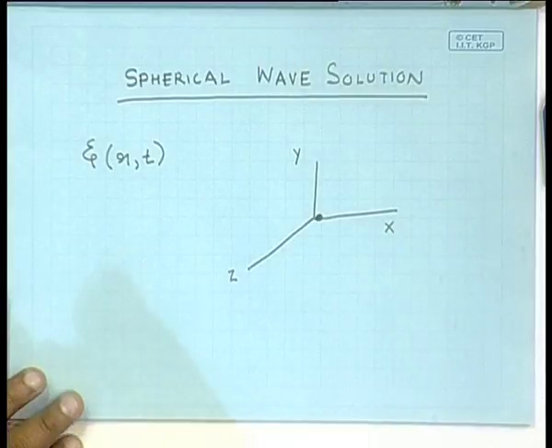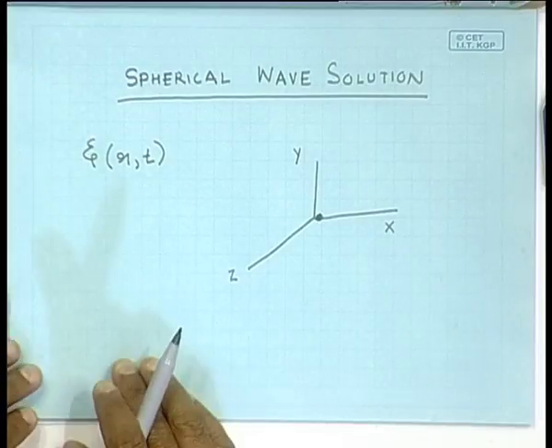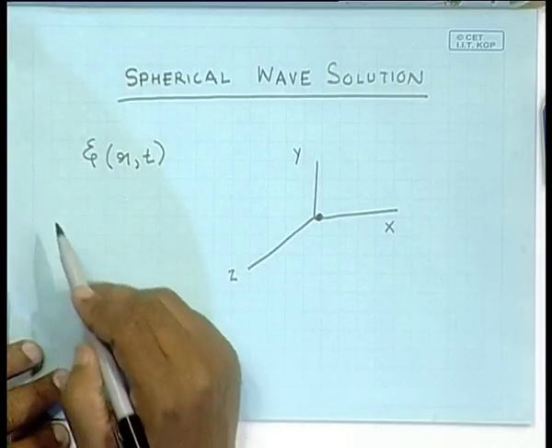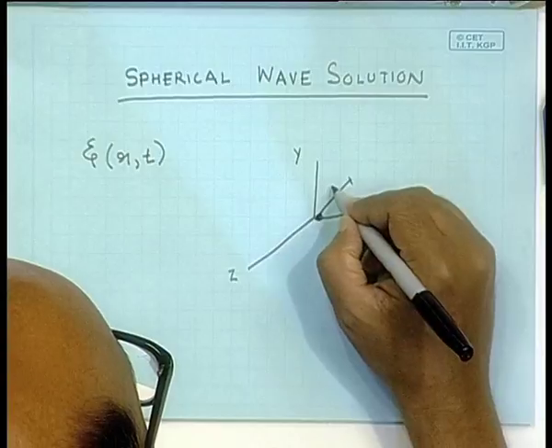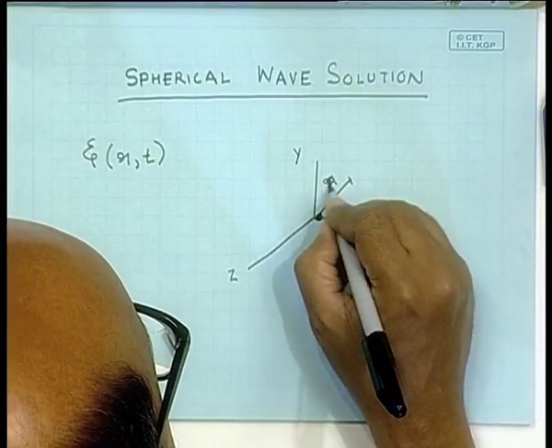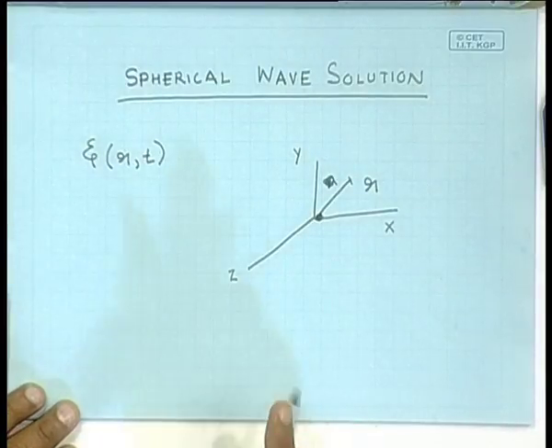We will assume that we have a situation where the value of the wave disturbance depends only on the distance r from the origin. So this is the distance r from the origin. We will assume that xi depends only on this.